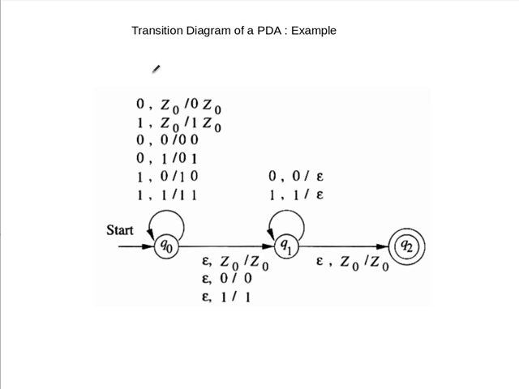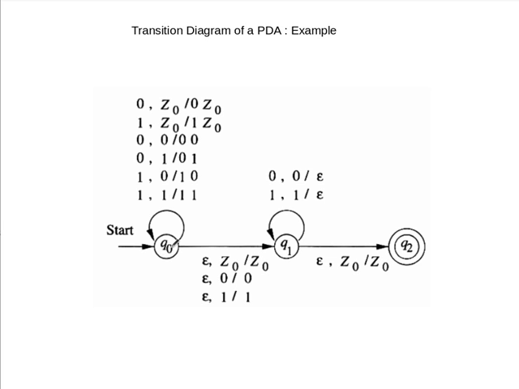I generally follow Hopcroft, Ullman, but in Hopcroft, Ullman you won't see this sort of transition diagram for PDA. So this you can see in Hopcroft, Motwani, Ullman. It's almost like the epsilon NFA that you have already seen 100 times by now.